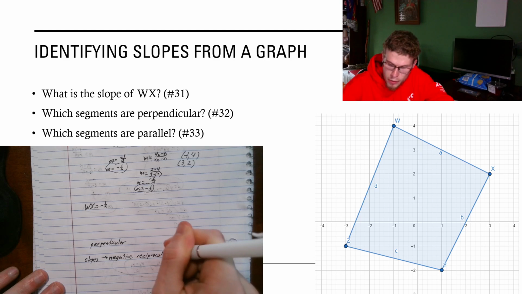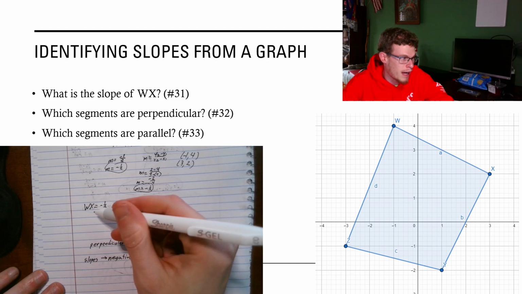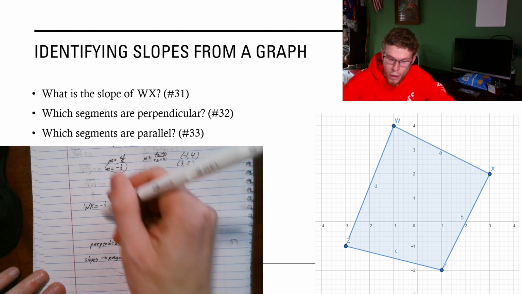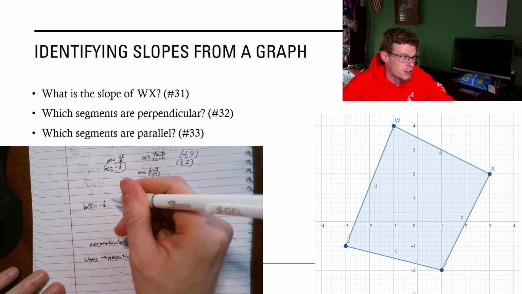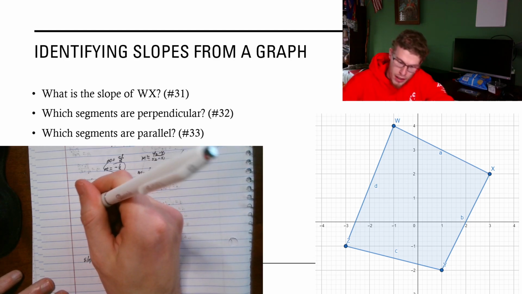So that means we would predict that our slope for a line perpendicular to WX would have to be not negative 1/2, but positive 2. Why? Because that is the reciprocal of this fraction, and it is the opposite. Okay? So let's find them.